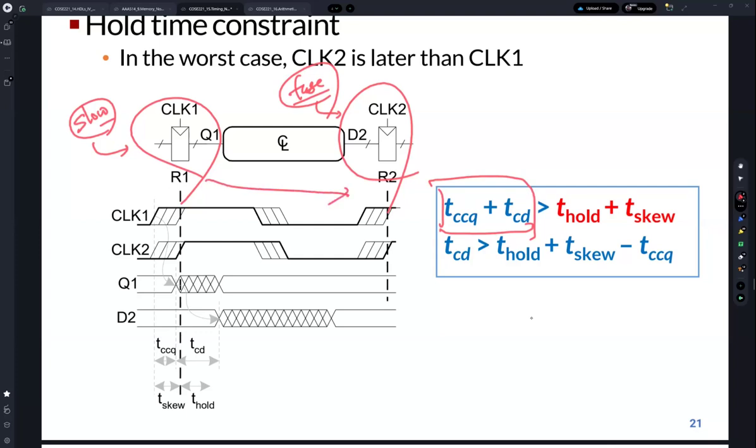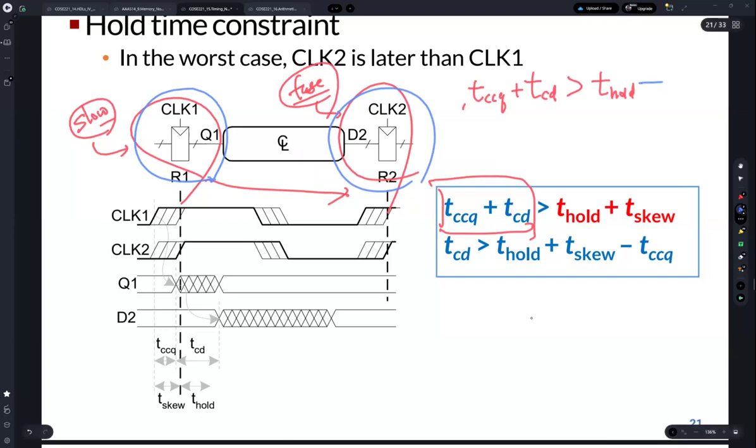But this is the original equation of the hold time constraint. TCCQ plus TCD needs to be larger than the T hold, right? This is the original equation, but what's the worst case? This is slow and this is fast. So actually, clock skew needs to be added.